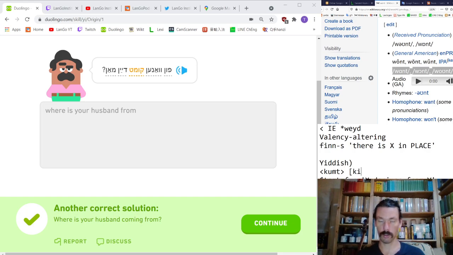It sounds now as kimt. And the unlike consonants in sequence in different places is noteworthy. Not all languages can allow that. Kimt, X comes from a place, is the meaning.